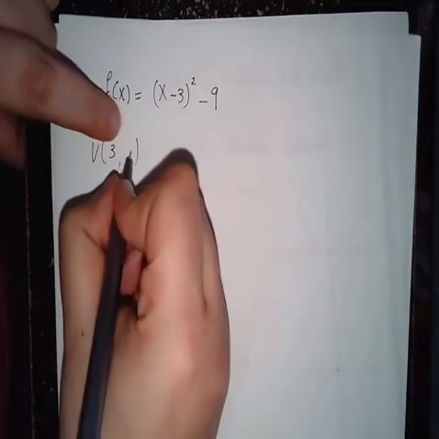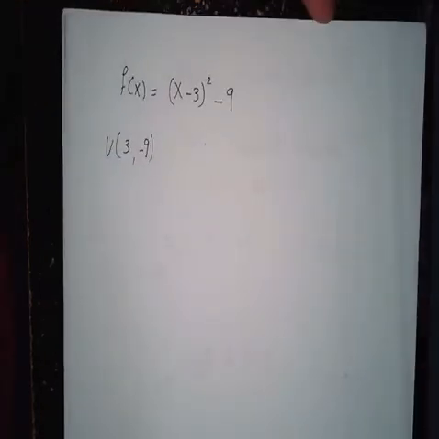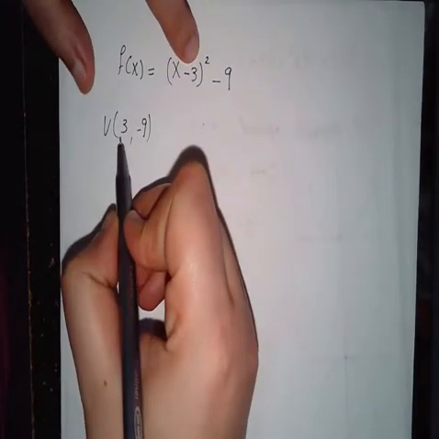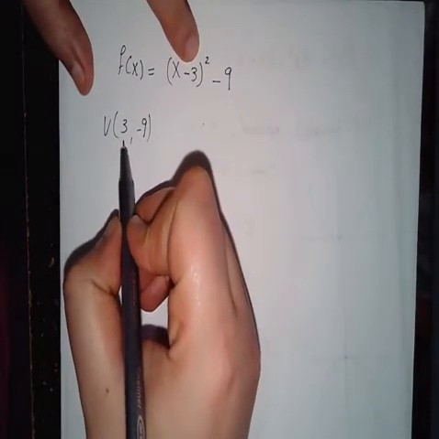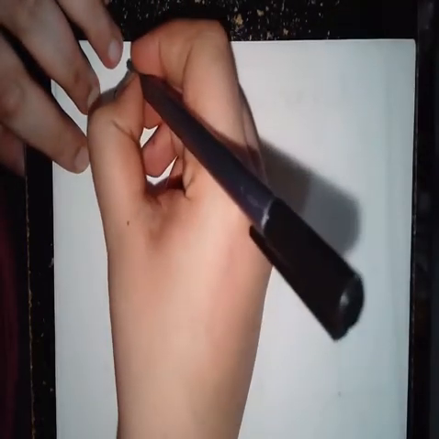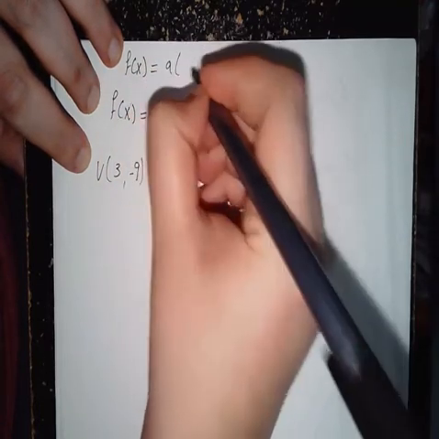And the y value is going to be -9. Now, here's a question. We have x minus 3 over here. So why did I write down positive 3 in here? It's because the original form, please notice the sign with me, is what?